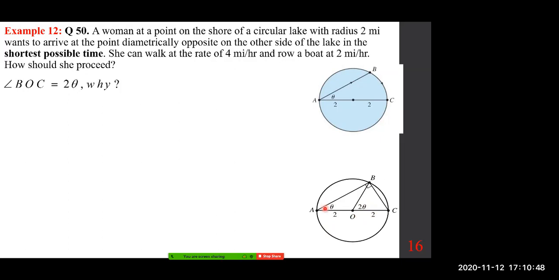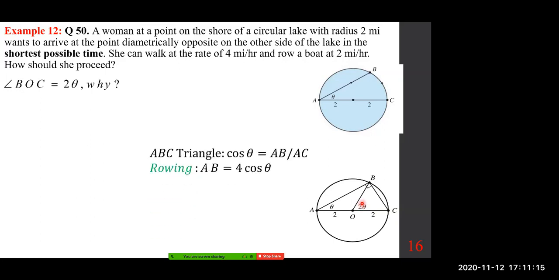So if we are going to go this way, cosine theta is AB divided by AC, and so we can use cosine theta to find AB. And BC, as I said, S equals R theta. Now R is 2 and theta happened to be 2 theta in this example.